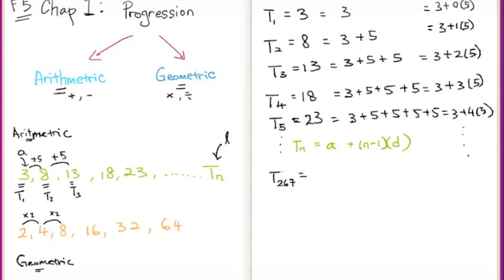Let's come back to the question. What would be my 267th term? My 267th term would be, therefore, A is 3, plus n minus 1, n is 267, subtract 1, times the common difference, which is 5.